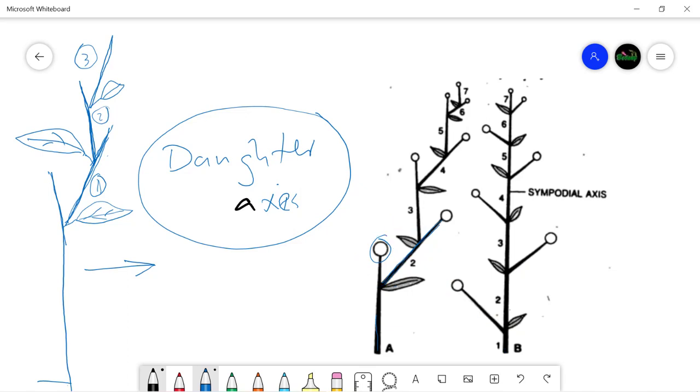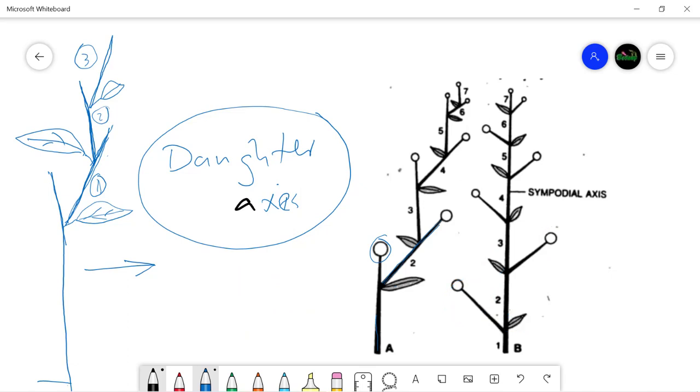As you can see here, leaves on the right and branch on the left, leaf on the left, branch on the right. So it cannot happen, because always when there is a stem, we have a leaf and then a branch arises in its axil.